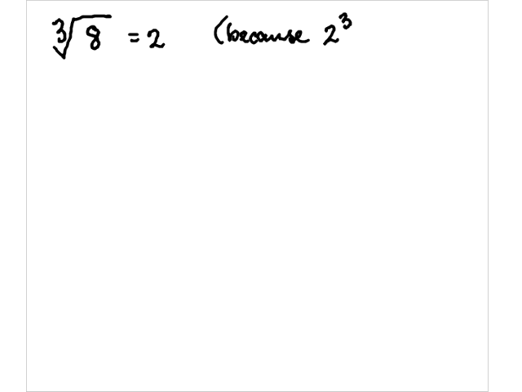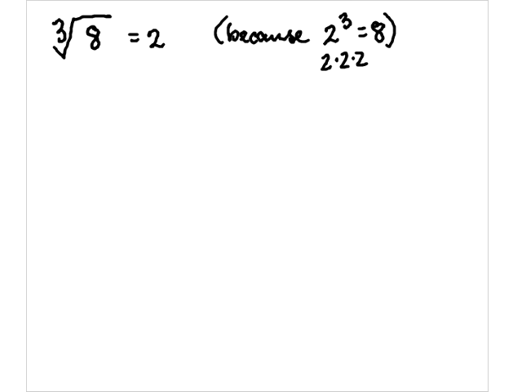And I'll give you that example that I was just talking about a minute ago. The cube root of 8, with a big 3, is 2, and that's true because 2 to the 3rd power is 8. You can check that by doing 2 times 2 times 2.